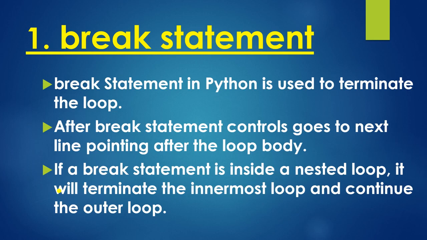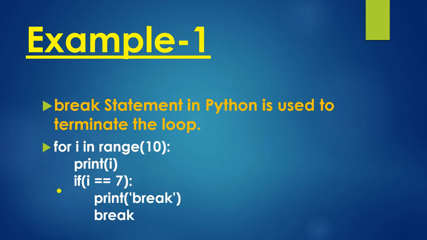After the break statement, control goes to the next line after the loop body. So whatever the line after the loop, it will go to that line. If a break statement is inside a nested loop, then it will terminate the innermost loop first and then continue the outer loop.